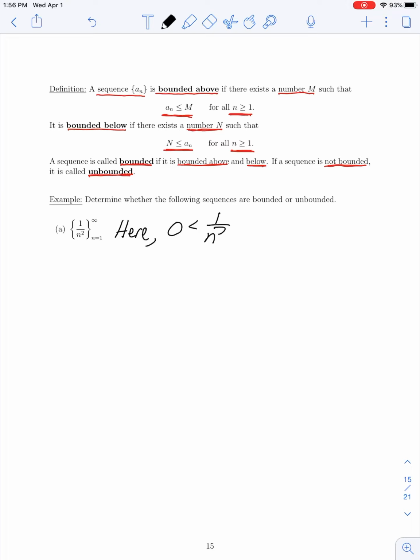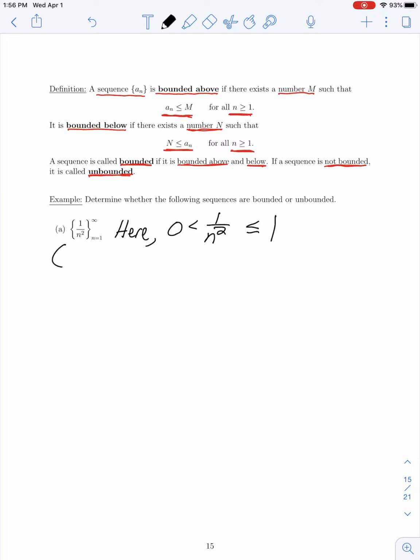So in this example, we know that 1 over n squared is always going to be a positive number. Since I'm squaring the integer in my denominator, n squared is always positive, and so 1 over a positive number always has to be positive. So certainly the terms of my sequence are always greater than 0.